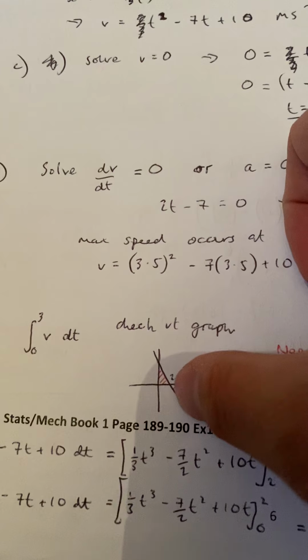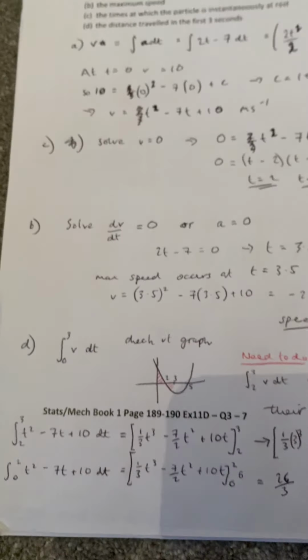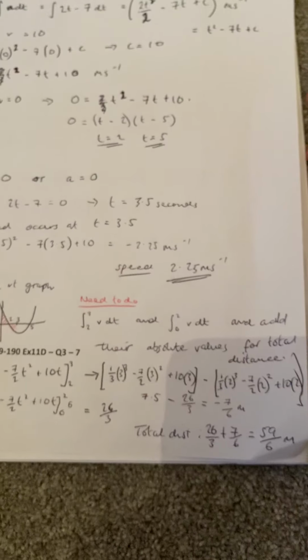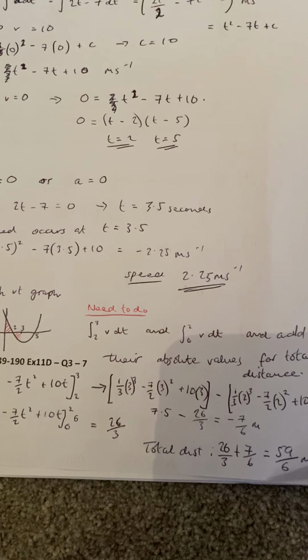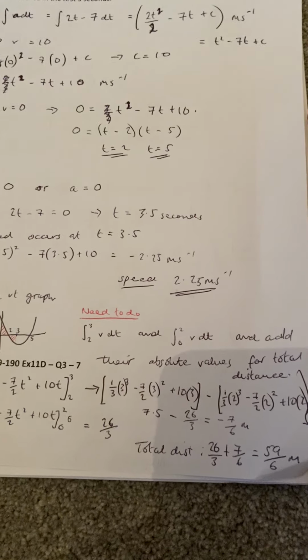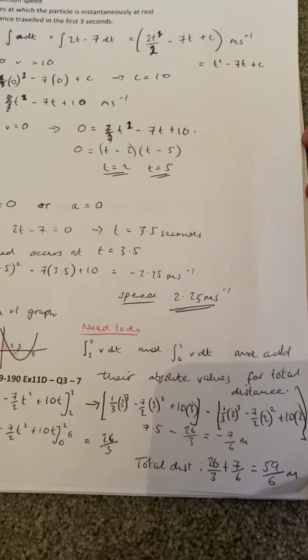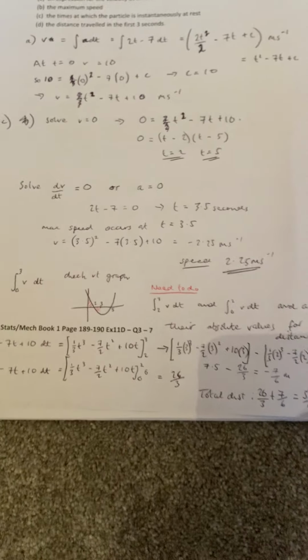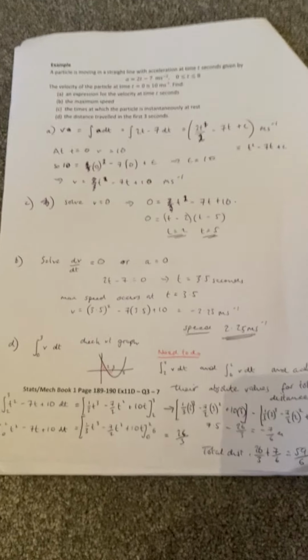But that area is going to be negative. We're going to take the absolute value to get distance. So we need to do integration on velocity with the limits 3 and 2, and 2 and 0, and add their absolute values for total distance. I hope it makes sense why you need to do that.